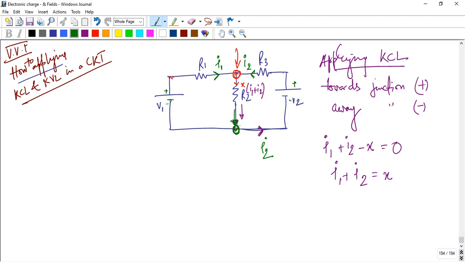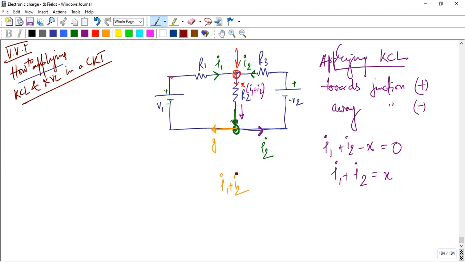Towards the junction enters I1 plus I2, and leaving the junction is I2, and I check whether our assumption is right or wrong. Suppose that is y unknown, and check the y value. So I1 plus I2 enters and I2 leaves. Towards the junction with a plus, so here I1 plus I2.